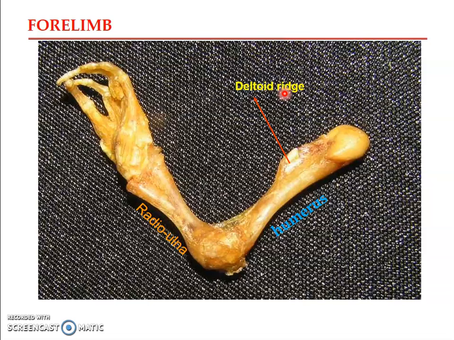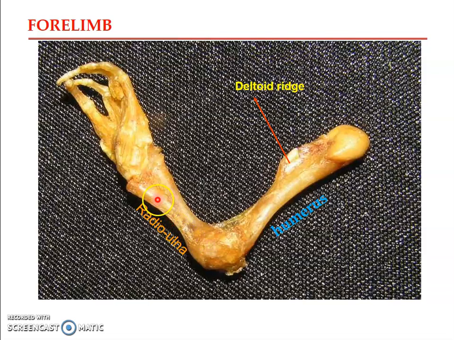Okay, the distal end forms a rounded trochlea with a condylar ridge on either side. The trochlea articulates with the groove of the radio-ulna. Radio-ulna on this side has a groove, and this part, the trochlea, articulates with the groove on the radio-ulna.